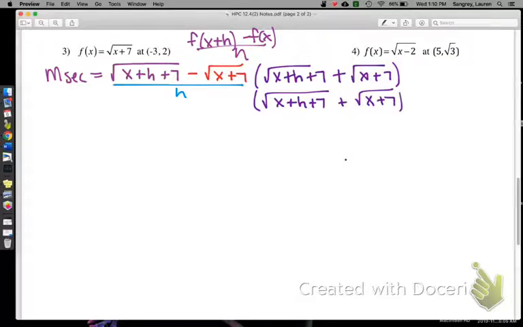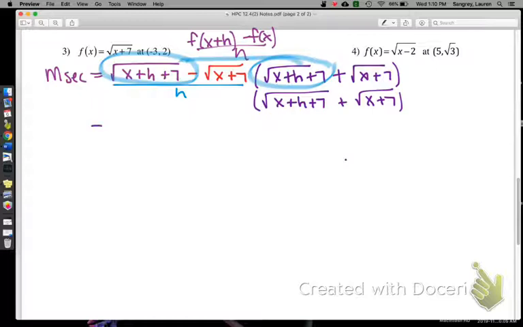Okay, your second step is to multiply your numerators, and the good thing about this is those square roots should be canceling each other out, right? And if you remember when we dealt with the conjugate before, this is technically like a difference of squares, so those middle terms are going to cancel. So your shortcut is just to take the first term and multiply it by the first term.